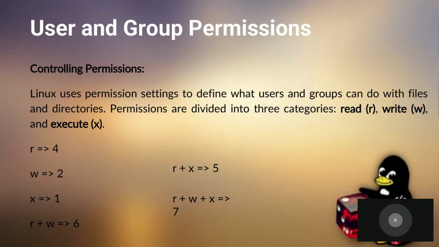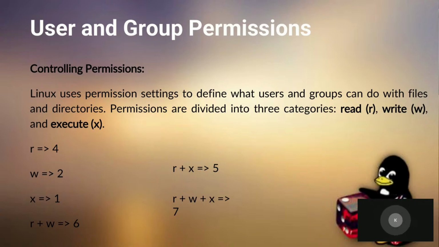So it's very important we understand the figures that we use in the chmod, because it is very important, so I will not be using those figures anyhow. Now there are three key things we're going to discuss here: the read, the write, and the execute.